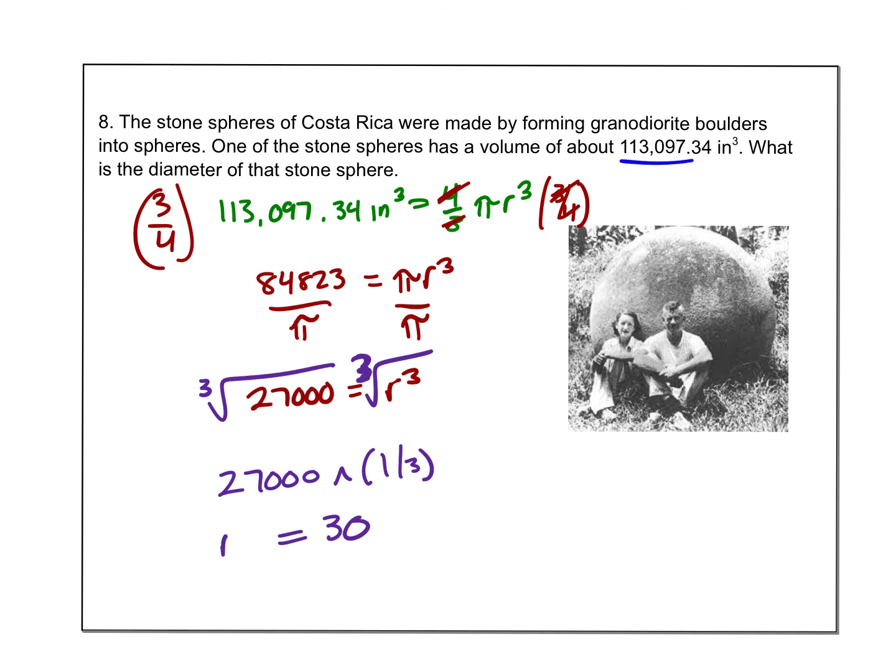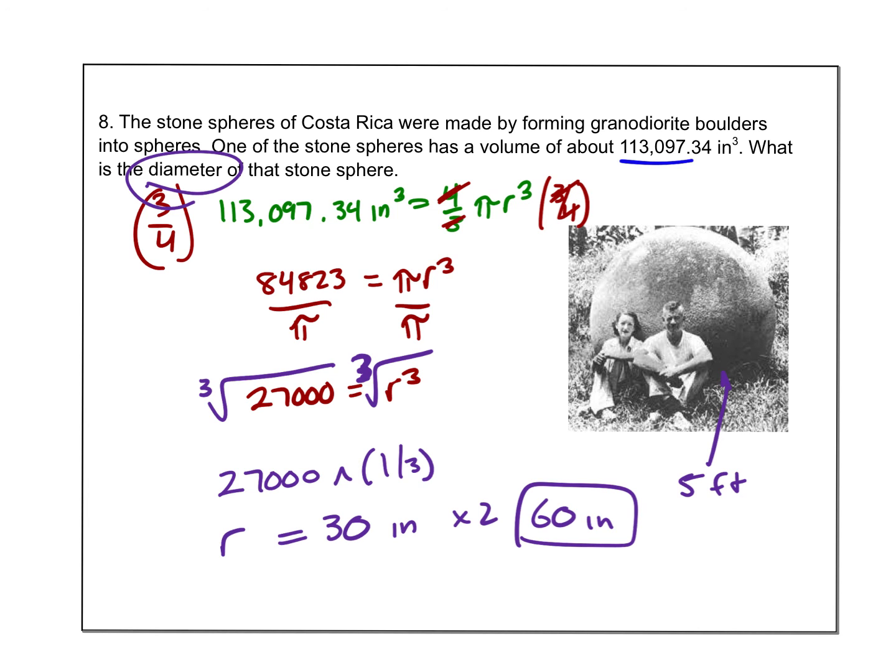So that will be r, so my radius would be 30 inches, but they want the diameter, so last step, multiply it by 2. That will be a 60-inch diameter, so about a 5-foot diameter of this massive stone.